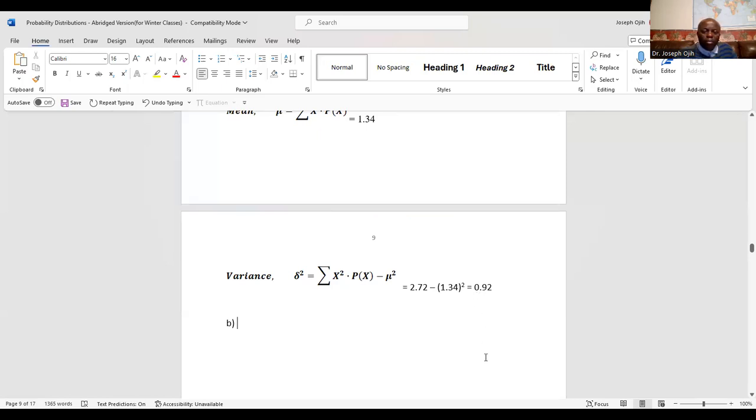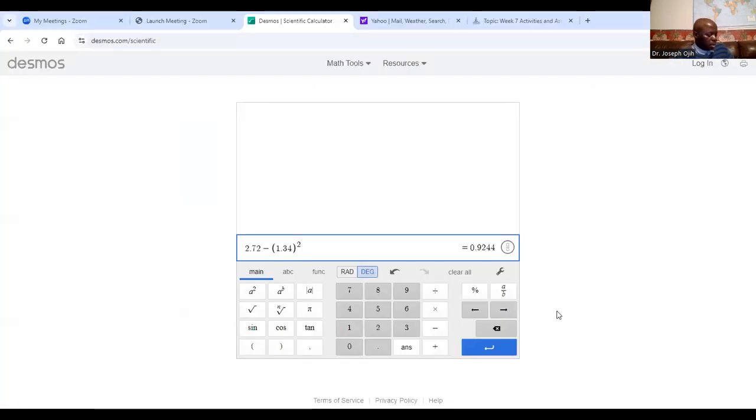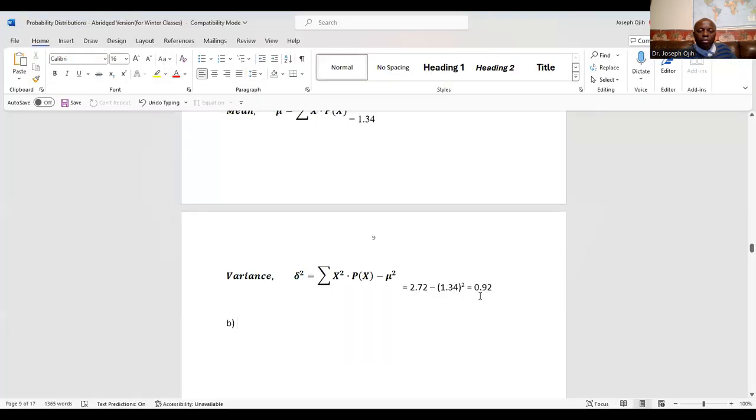Make sure I have it properly in the calculator. Yeah, 2.72, okay, 0.92. So our variance is 0.92. So put it on the calculator.